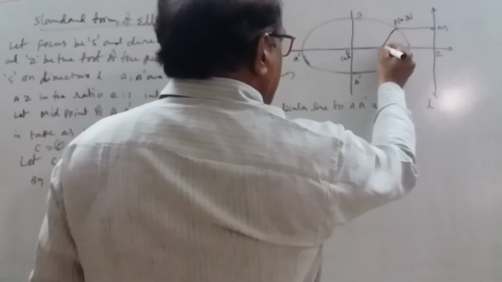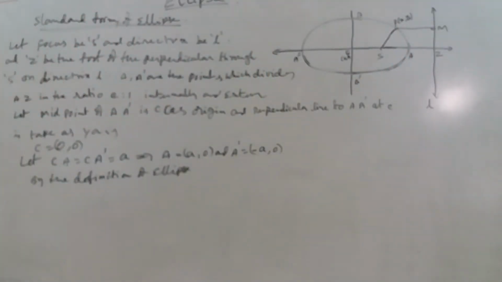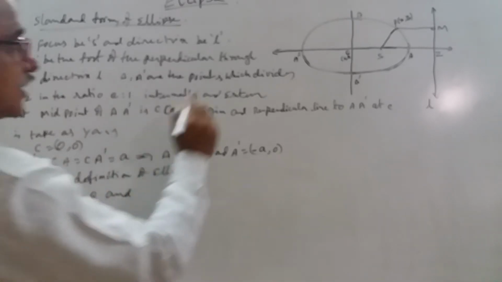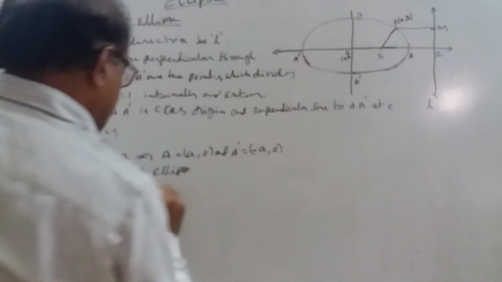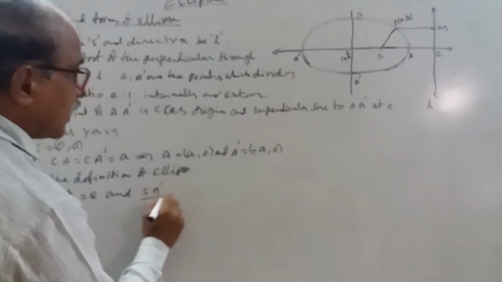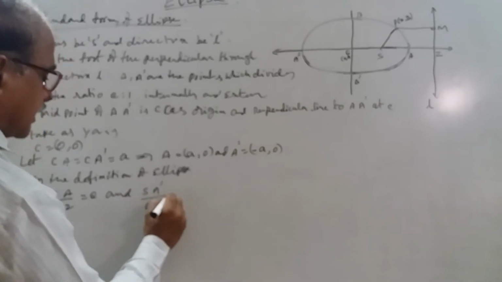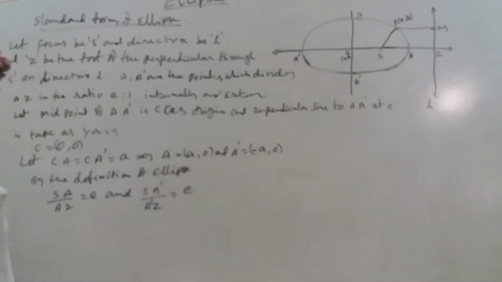Then we have to know the coordinates of S and the coordinates of Z. By the definition, SA by AZ is equal to e, and similarly SA dash by A dash Z, or ZA dash, is also equal to e.